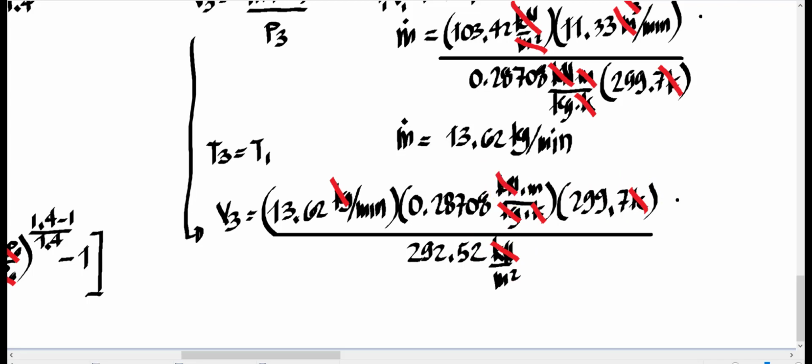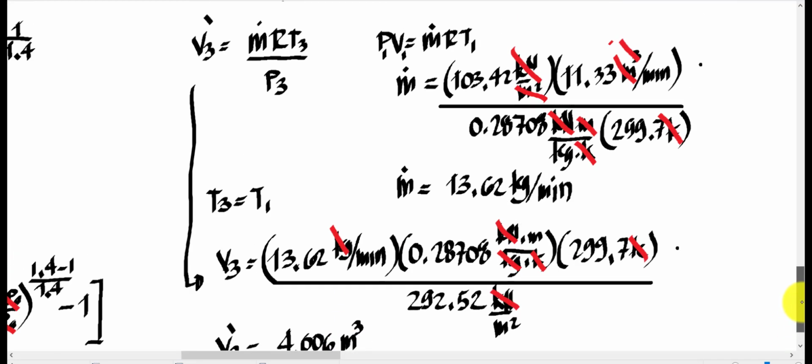So I have now your volume 3 prime is equal now to 4.006. So that will be cubic meter per minute.